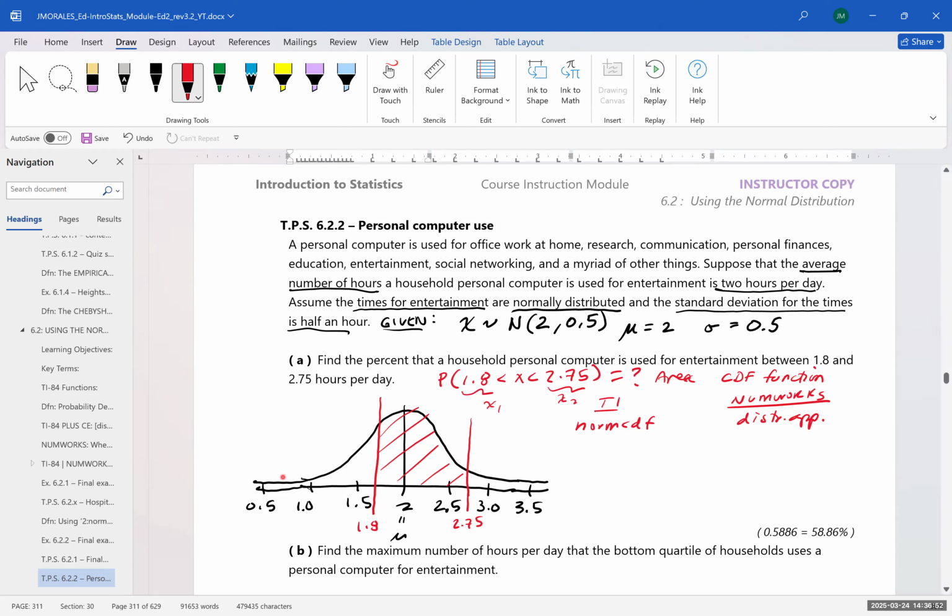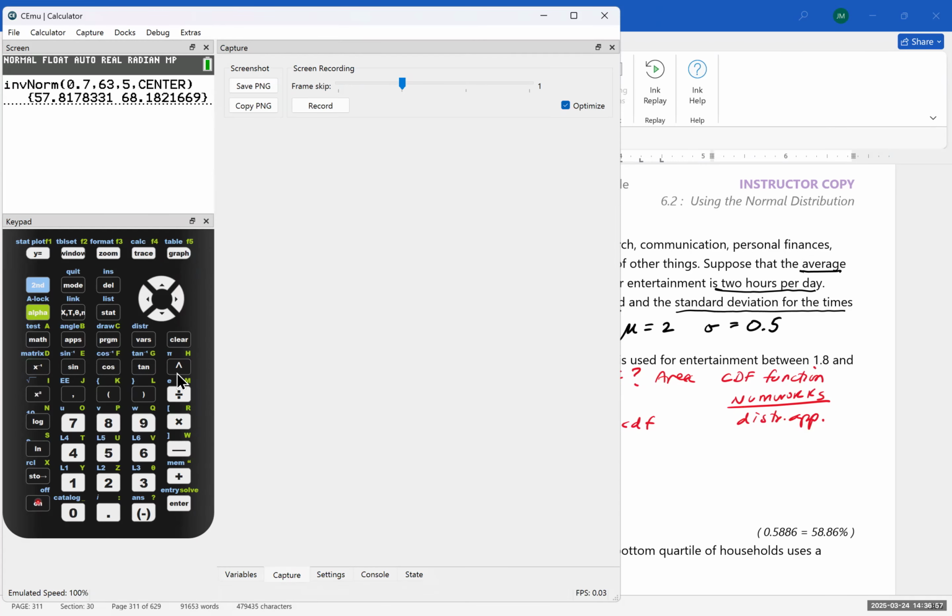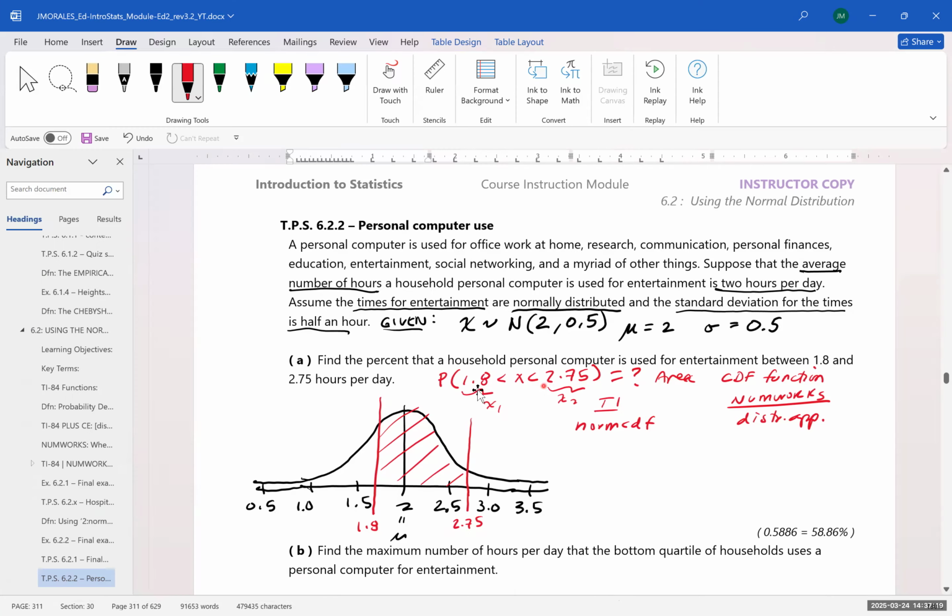So if we come over here, let's go ahead and turn this on, clear. All right. So we want to go to the distributions functions. We want to use norm CDF. The lower bound is going to be 1.8. The upper bound, let's see, what was the upper bound? 2.75.